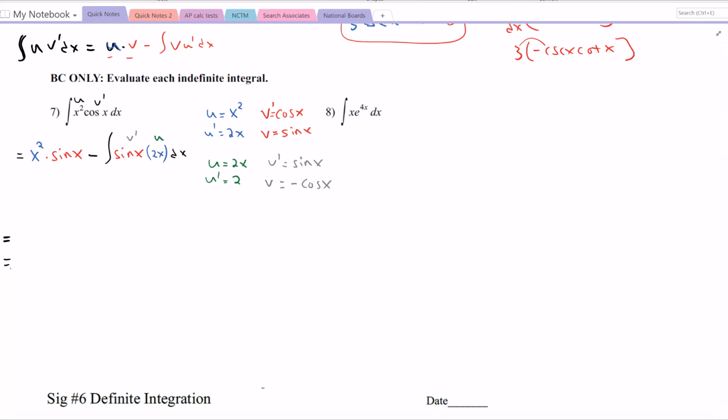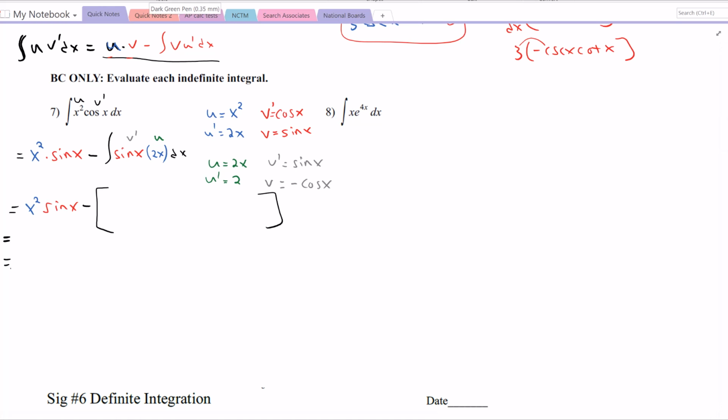And this becomes, over here we still have x squared sine x. It's going to be minus whatever we get here, right? And so we're back to this formula here, u times v minus the integral of v u prime.